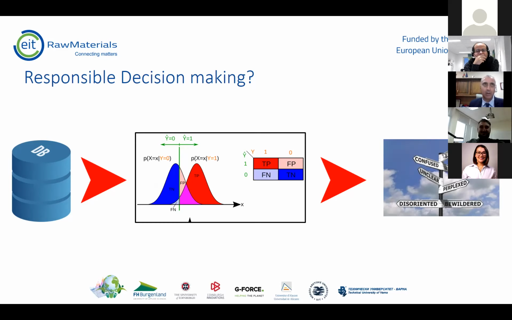Of course, responsible decision-making is much more than that. There is a science called responsible decision-making. It is part of the social sciences, and they always consider the consequences of a decision.